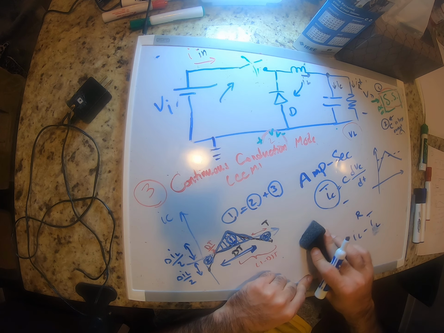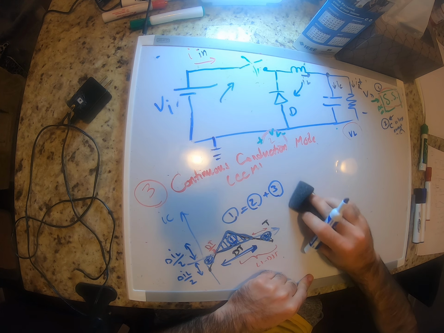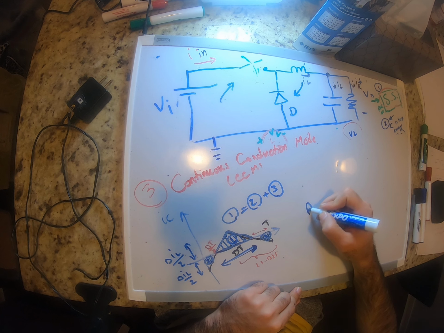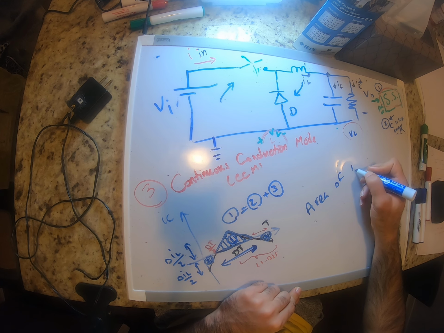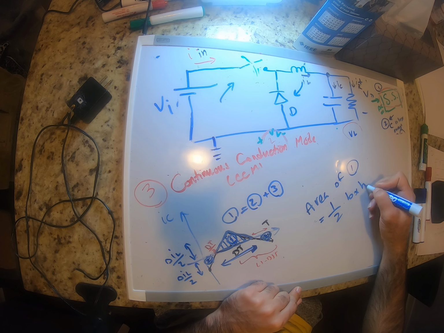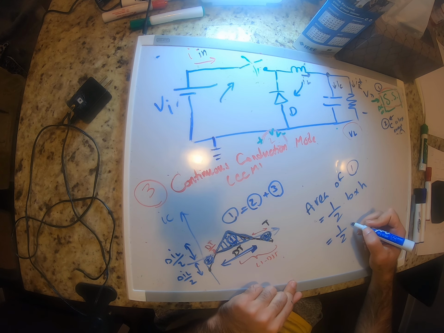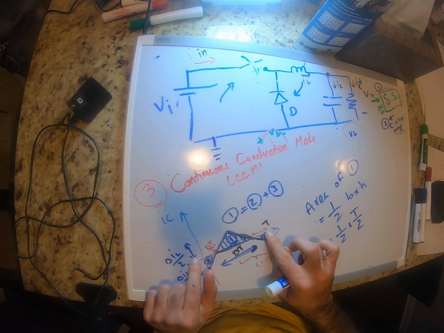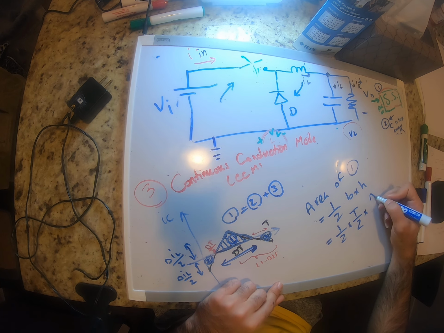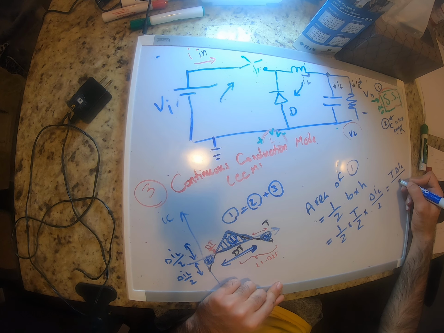So if I want to calculate the area of 1, it's half base times height. Half of base itself is t over 2, the period over 2, times the height, which is delta IL divided by 2. So that's going to be t delta IL divided by 8.